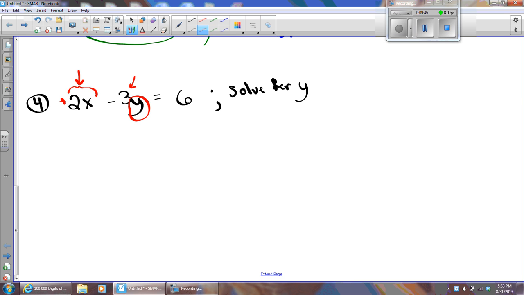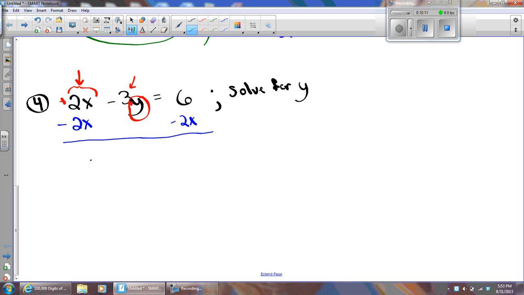Well, it's a positive 2x, so it's by addition. The negative 3 is next to y, so it is multiplication. So, to get y alone, order of operations is going to tell me to get rid of the addition first. So I'm going to subtract 2x from both sides.